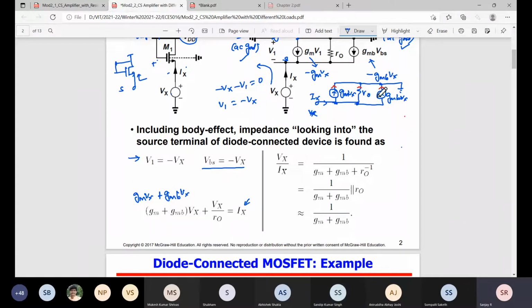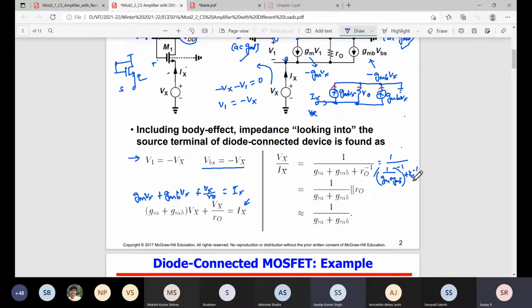Vx, so Vx divided by R0. The top one is AC grounded. So current leaving equals current entering Ix. Now you can see gm and gmb I can combine. Finally I can get Vx divided by Ix equal to 1 by (gm plus gmb) inverse plus R0 inverse, that is 1 by (gm plus gmb) in parallel with R0.